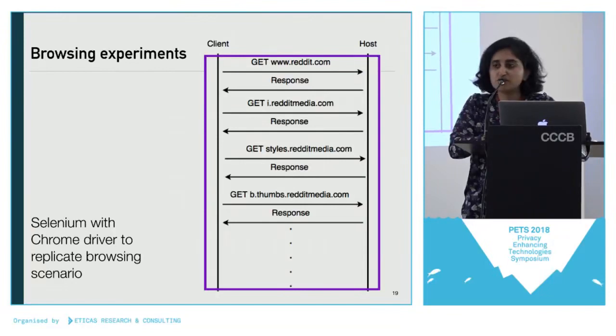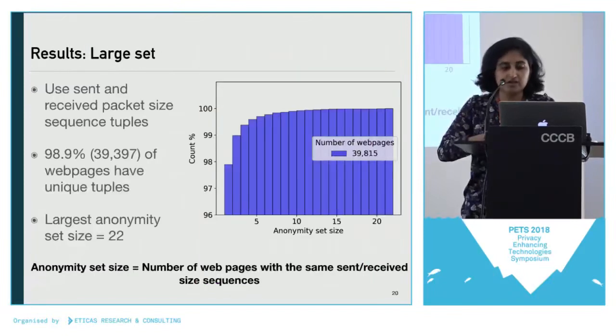So what we did was we set up Cloudflare's DNS over HTTPS client on the Raspberry Pi, and we used Selenium, which is a browser automation testing tool, with a Chrome driver to replicate a browsing scenario where the client visits a particular page. And we did the same sort of analysis where we looked at the sequences of the sent and the received packet sizes for all the DNS data.